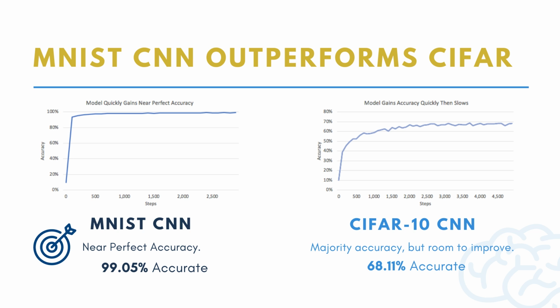But on the right, you'll see that CIFAR-10 and its convolutional neural network is only 68%, and its trend line is a little bit different than what you're seeing on the left with MNIST. The CIFAR-10 network's trend line does go up rather quickly.